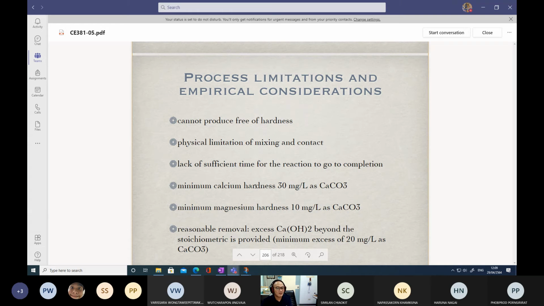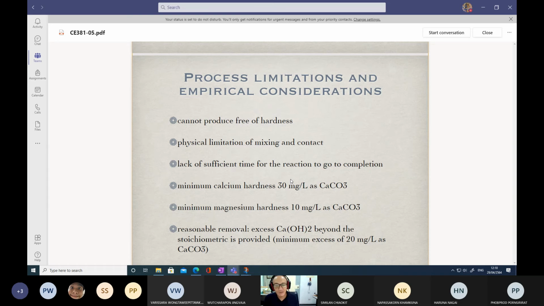For the calcium hardness, approximately 30 milligrams per liter as calcium carbonate will be present in water, even if we add a lot of lime. Similarly, the magnesium hardness will be there at 10 milligrams per liter. So in combination, calcium and magnesium hardness is still present in water at 40 milligrams per liter.